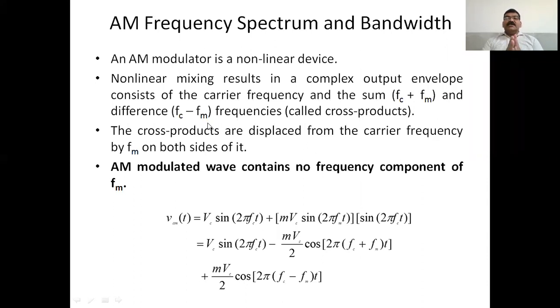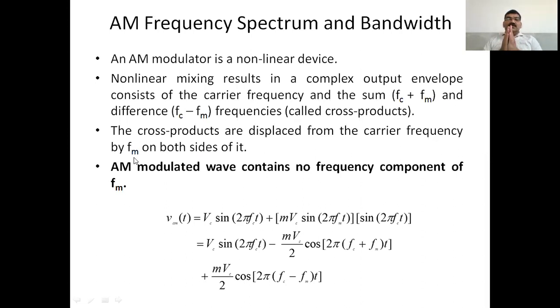These are called the two frequency bands. The cross products are displaced from the carrier frequency by FM on both sides.